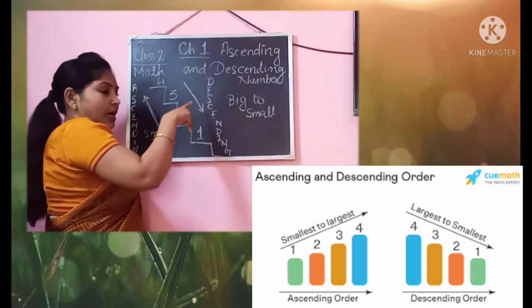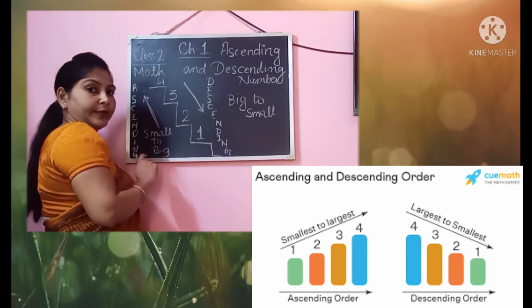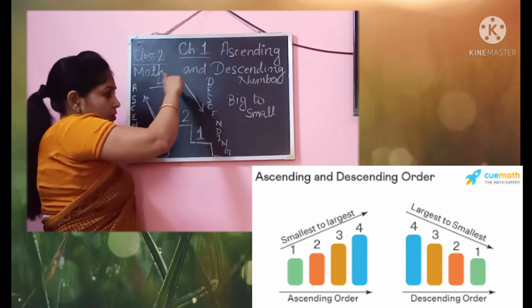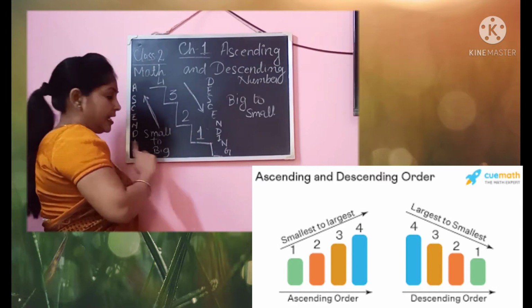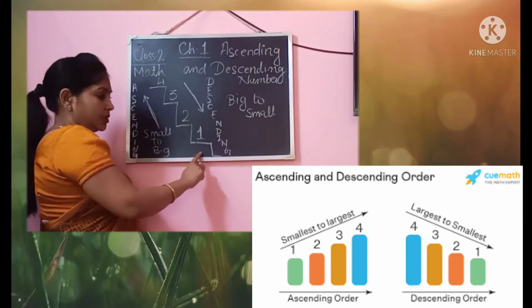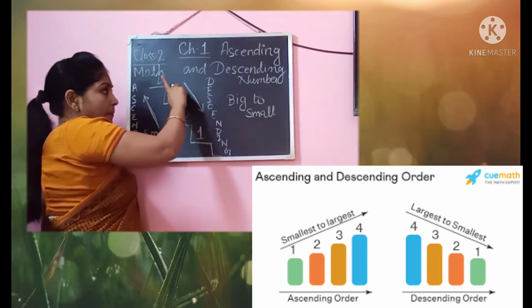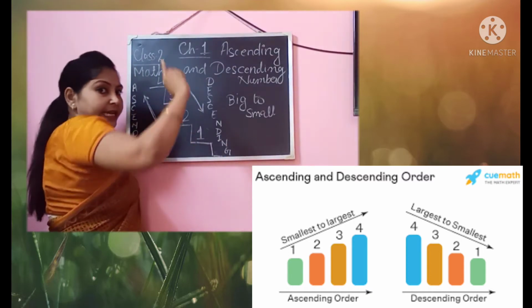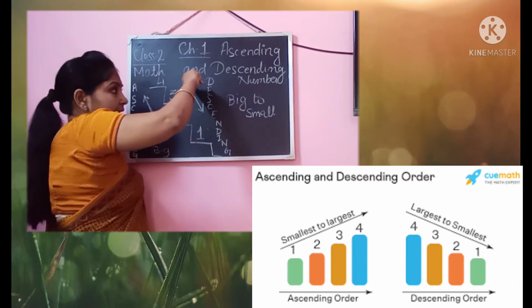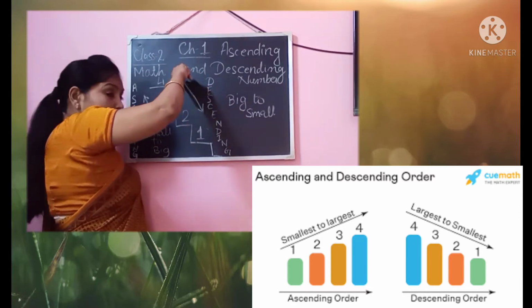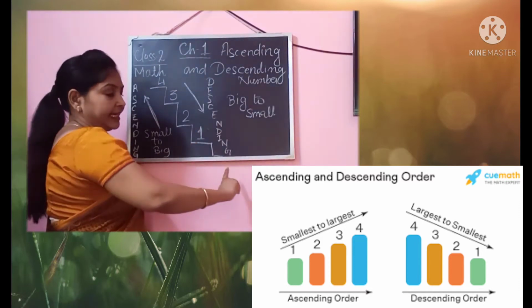Again down. 2. Again down. 1. And ground. Okay. So, this is how we are descending. And when we go from small to big, from down to up, we are ascending. And when we are coming down from up to down, then we are descending.